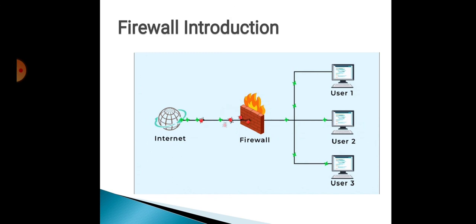A firewall may be a hardware or software program running on a secure host computer. A firewall is placed at the junction or gateway between two networks.